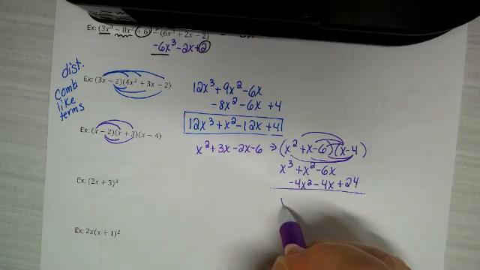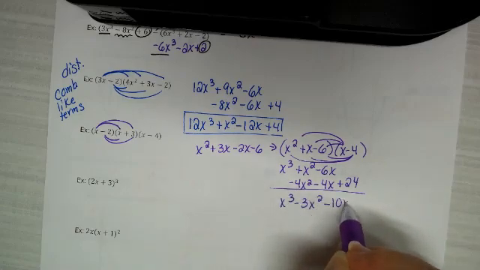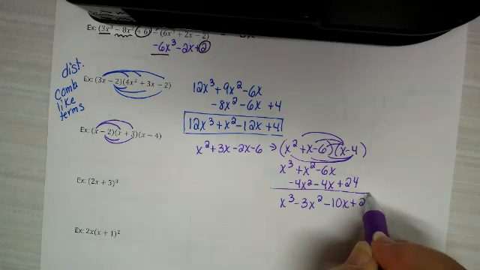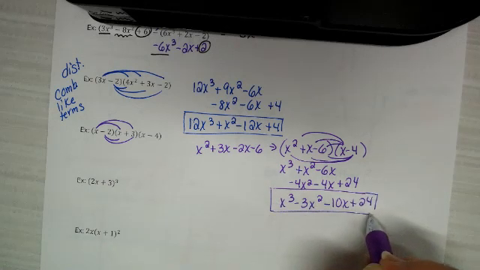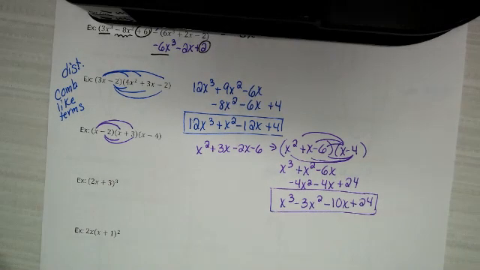So when I combine my like terms, x to the third minus 3x squared minus 10x plus 24. So it's just a little bit of work. Just be patient and multiply your way through one piece at a time.